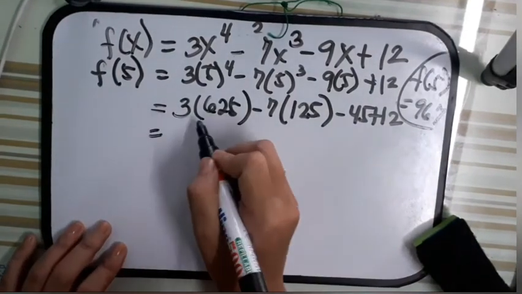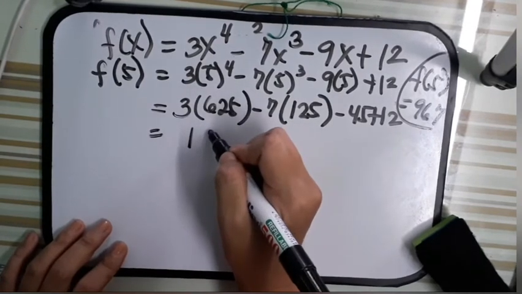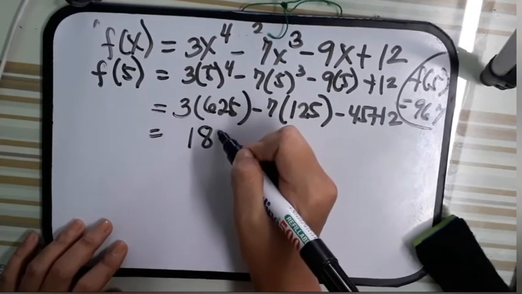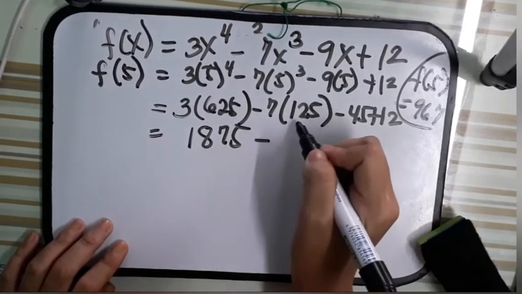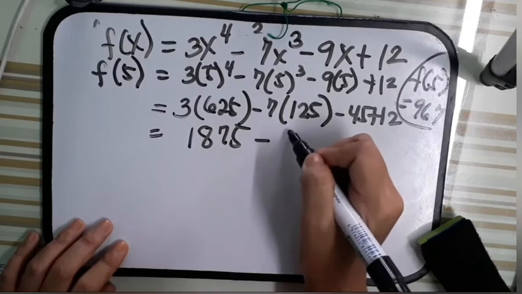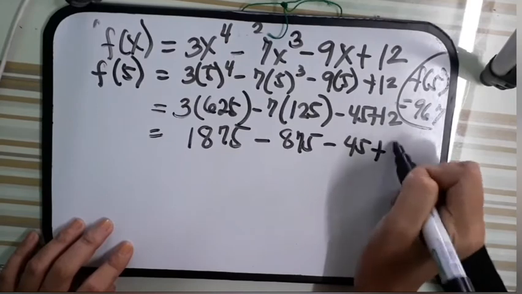Then 3 times 625 is equal to 1,875, minus 7 times 125 is equal to 875, minus 45 plus 12.